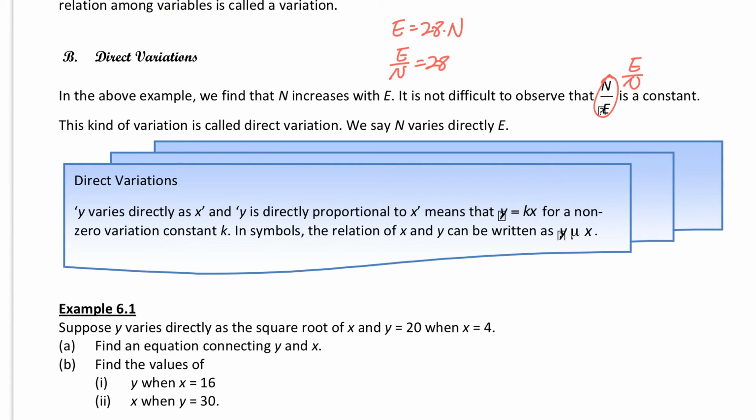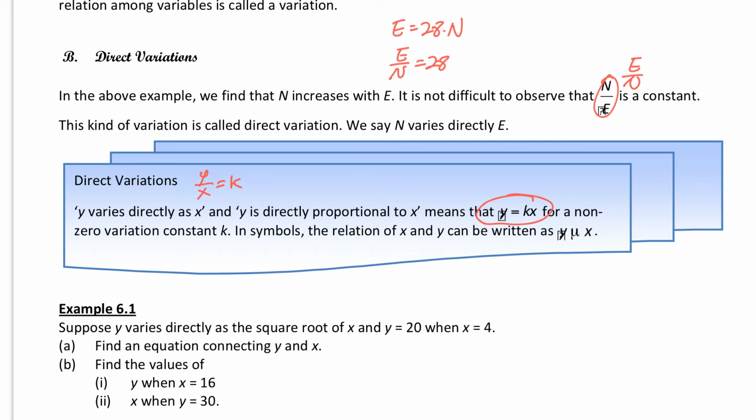So if you see the question, describe the relationship between y and x, like this: y varies directly as x, or y is directly proportional to x. That means y over x is equal to a constant. So we'll use this form to represent it: y is equal to kx.